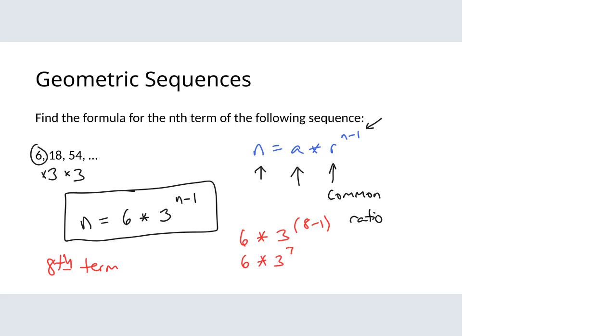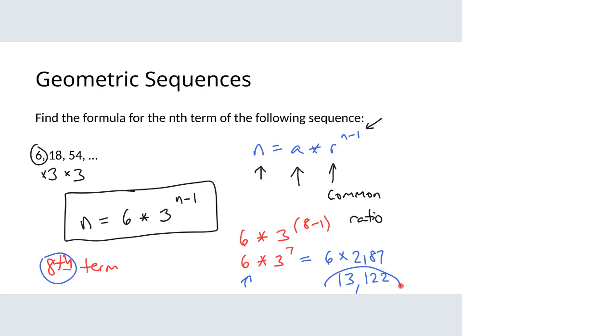The idea here is we're starting out at the number 6, and in order to get to the 8th term, we're going to have to multiply by 3 7 times. When we do that, we'll have 3 raised to the 7th power, which is 2187. So we have 6 times 2187 is 13,122. If we were asked for the 8th term here, it would be 13,122.